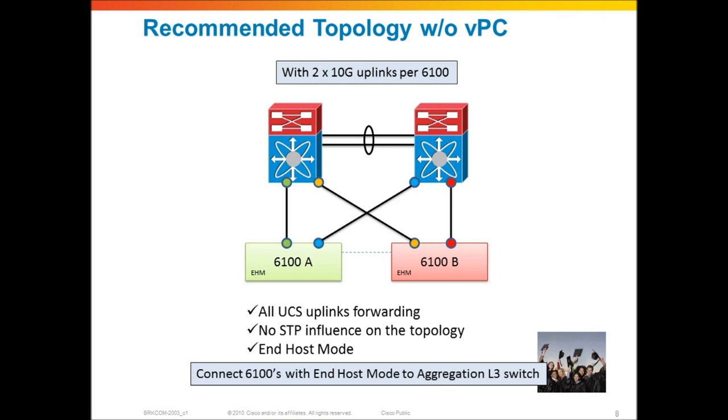So this would be the recommended topology without VPC, and if you only had 2 10 gig links per fabric to uplink to, again, really make the first priority redundantly attaching your fabric interconnects to separate upstream LAN switches, and then make your second priority to make port channels if you can.